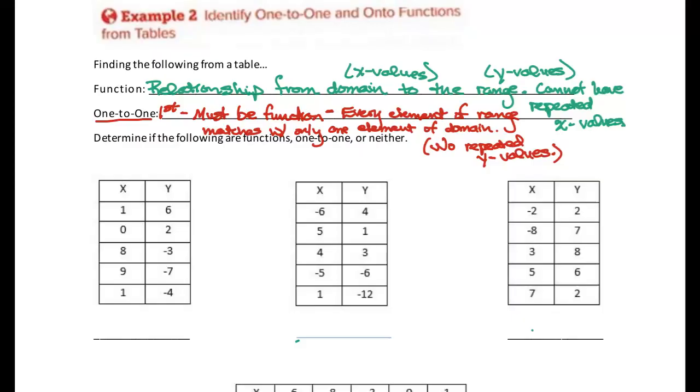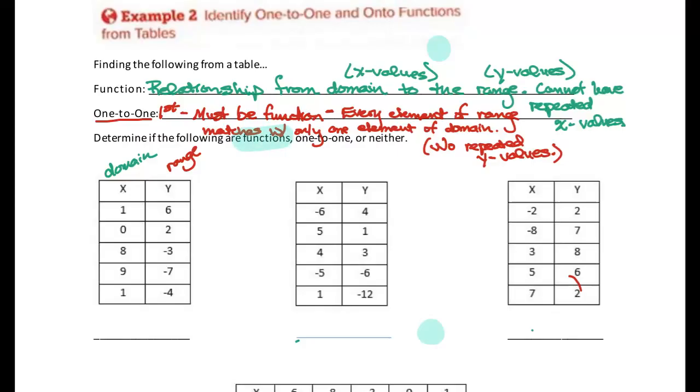Okay? So we're going to look at these tables below. These are our tables. And we have the x value, and that's called the domain. And we have the y values, and that is my range. Okay, so we have to determine, is it a function?